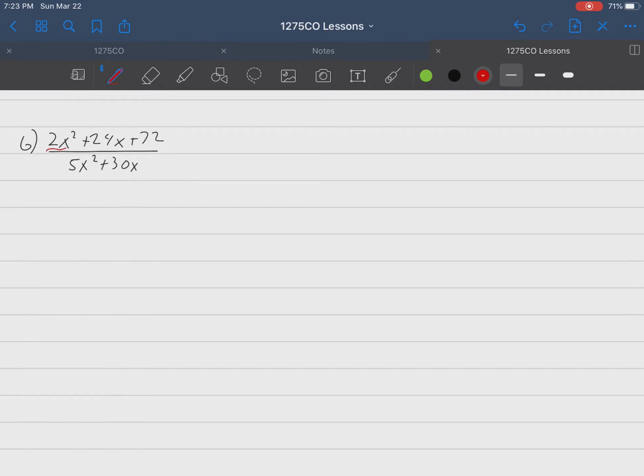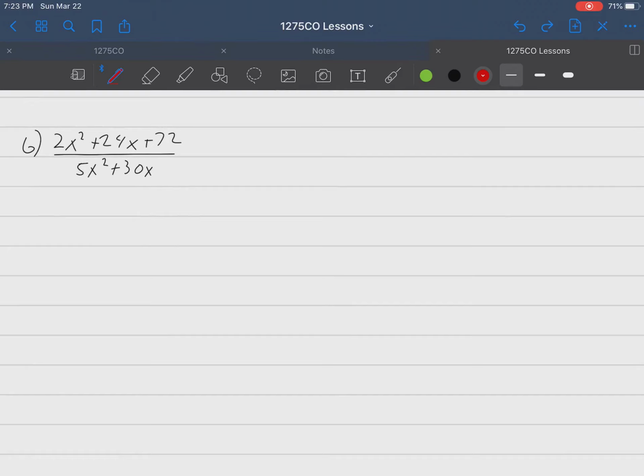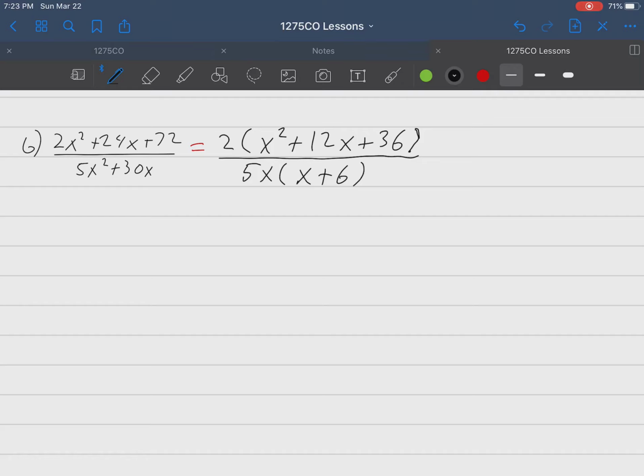So let's try another. All right, this is a quadratic, 2x squared plus 24x plus 72. So this is going to factor 2 times x squared plus 12x plus 36. On the denominator, 5x times x plus 6.